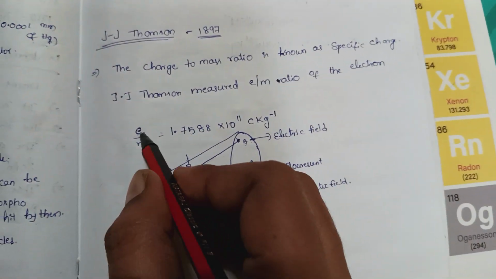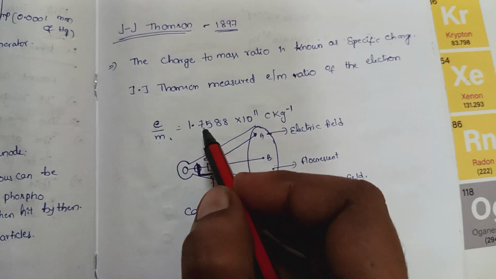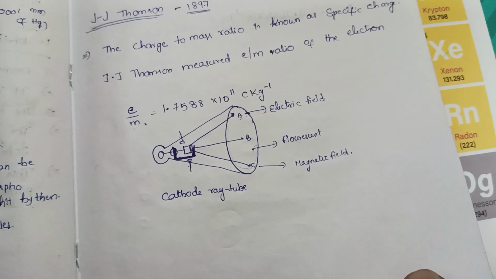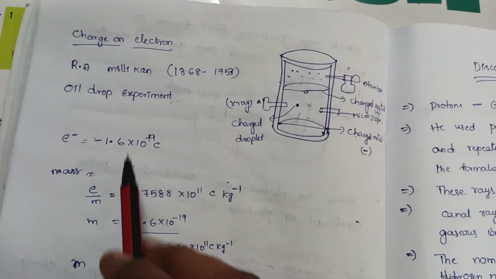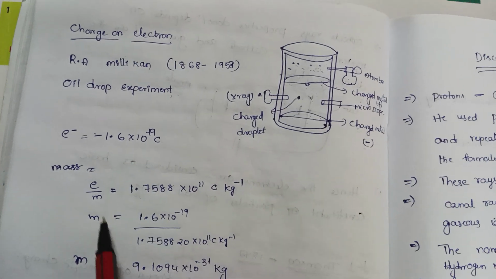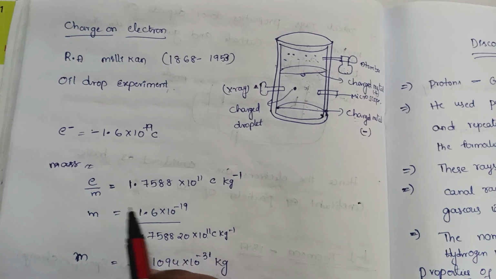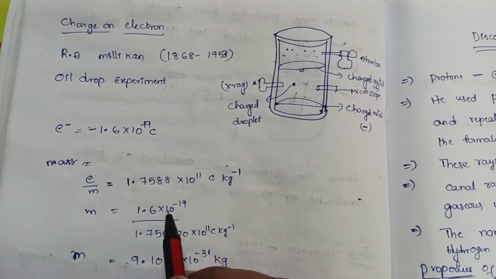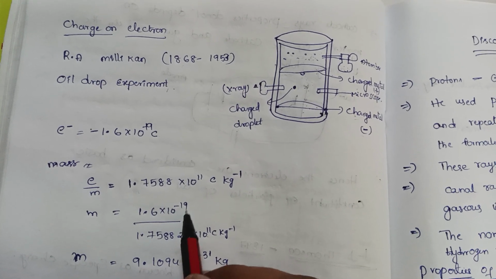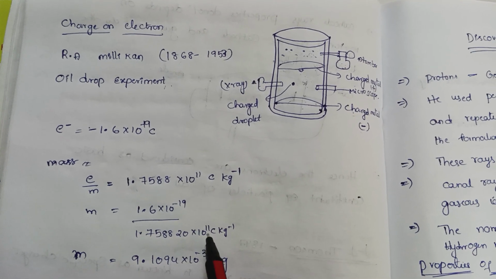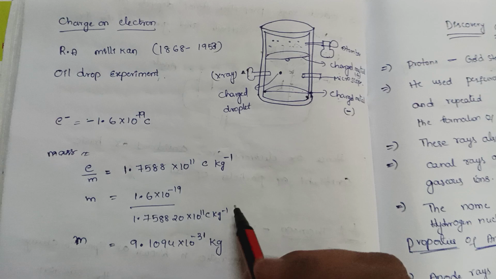Already J.J. Thomson calculated the e by m value, that is 1.7588 times 10 to the power of 11 coulomb per kg. By combining these two, he calculated the mass of the electron: 1.6 times 10 to the power of minus 19 divided by 1.7588 times 10 to the power of 11 coulomb per kg.